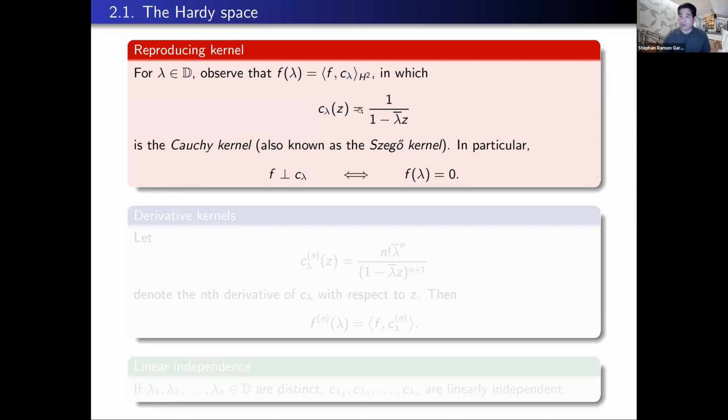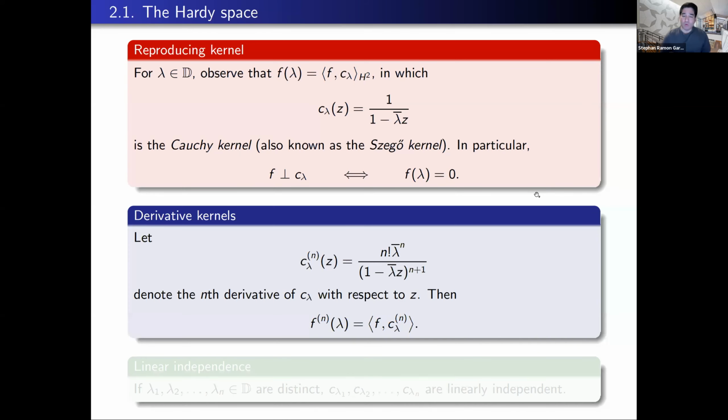And in particular, we're going to use this fact over and over again: a function vanishes at lambda if and only if f is orthogonal to the corresponding Cauchy kernel. And you can see that from this formula right here. We'll also use, and more refer to obliquely, the derivative kernels. You also have reproducing kernels for the derivatives of your function.